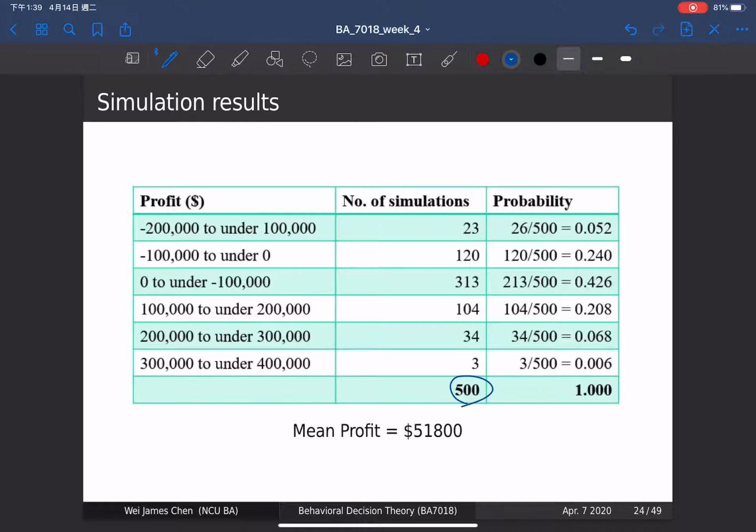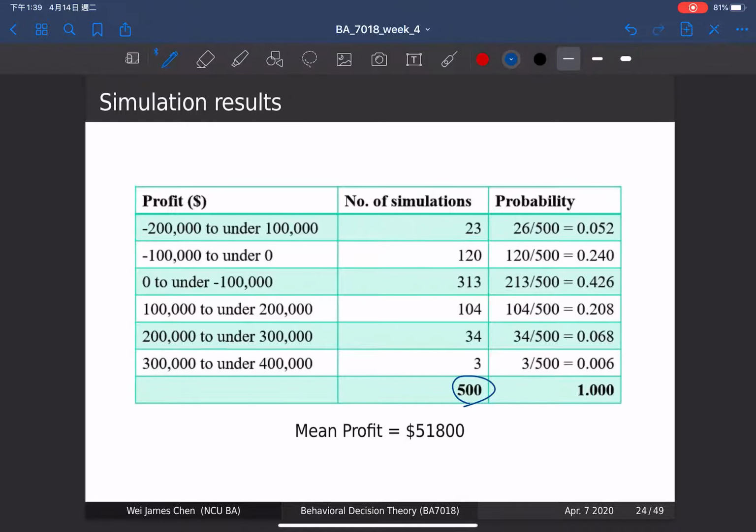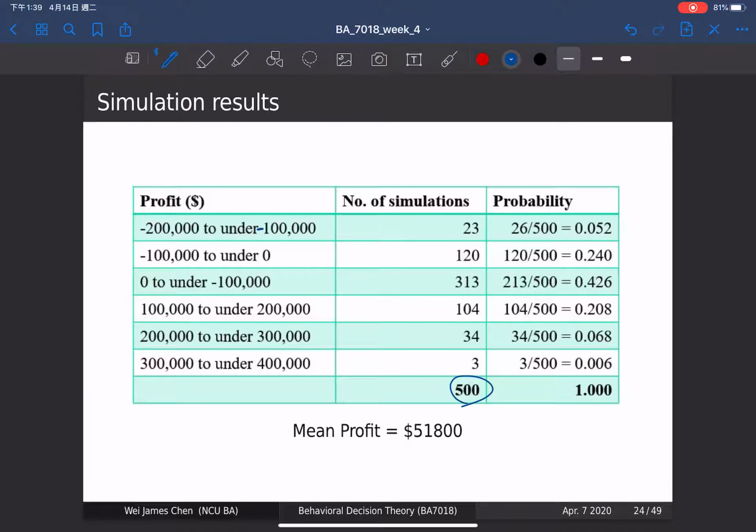So we bin them into different ranges. Now for the profits, we care only about, for example, the case where the profit is under minus 200K. I think there's another typo here.